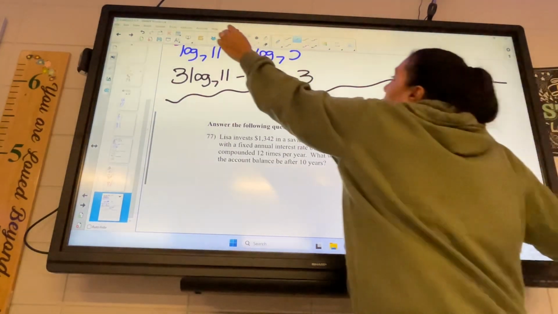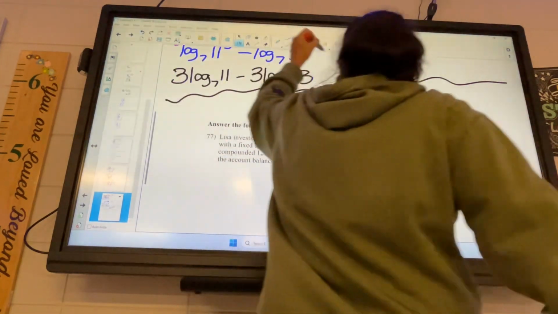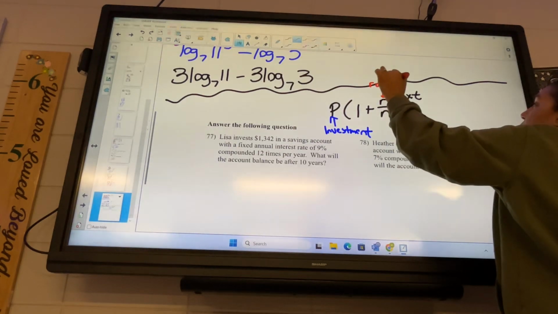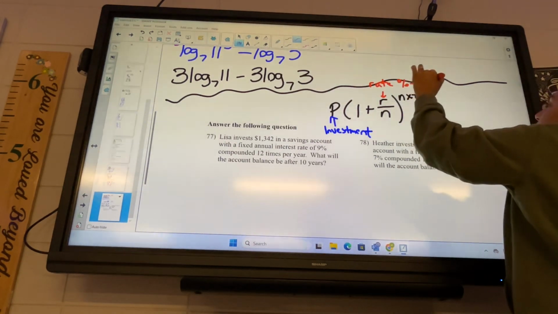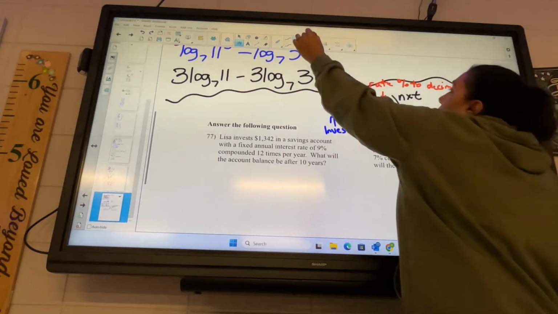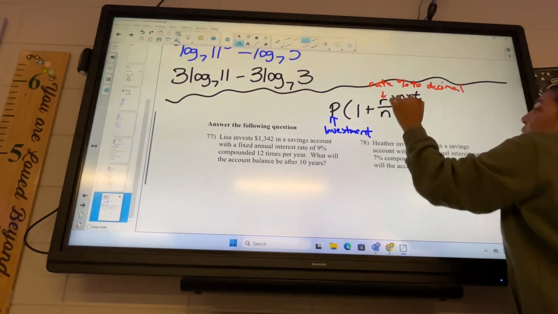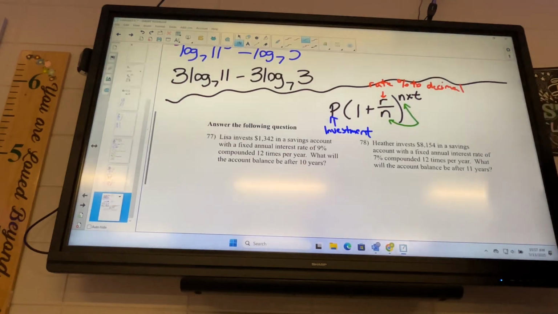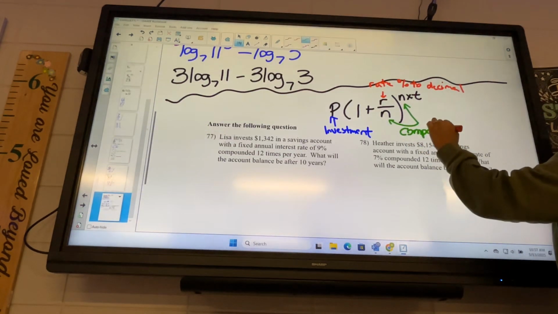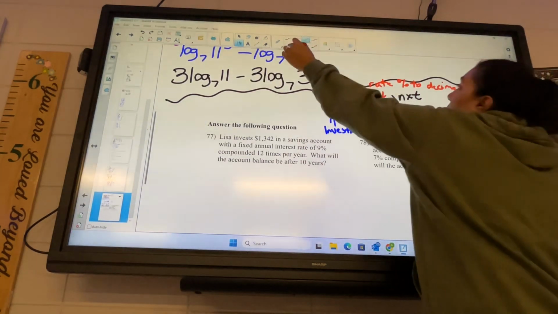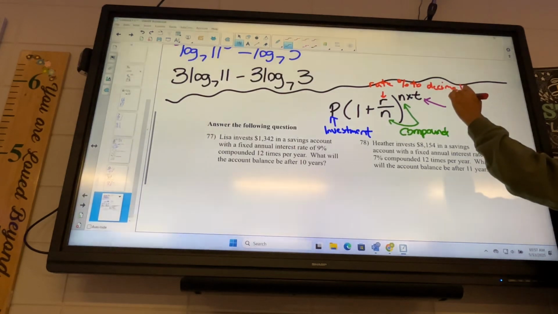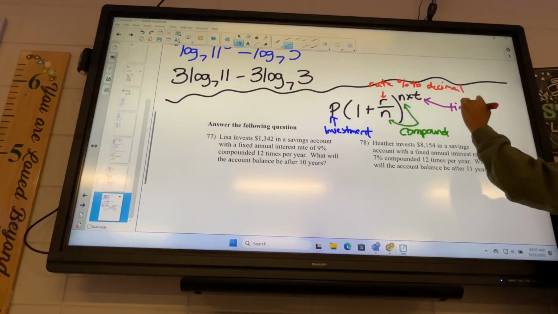It's the rate, and it goes from a percent to what? A decimal. What does the N stand for? The compound. And the T, what's the T stand for? The time, and it's usually in years.